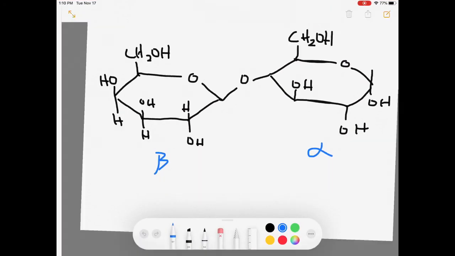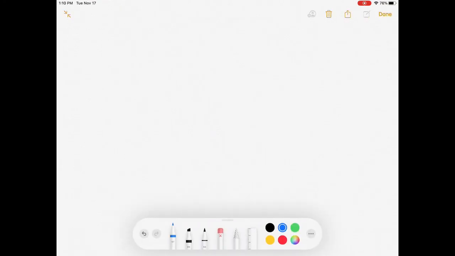Okay, draw the structure of the alpha and beta anomers that result from the reaction of methanol and ribose. So I'm going to do that one over here as well. So just to show you ribose, it looks like this.